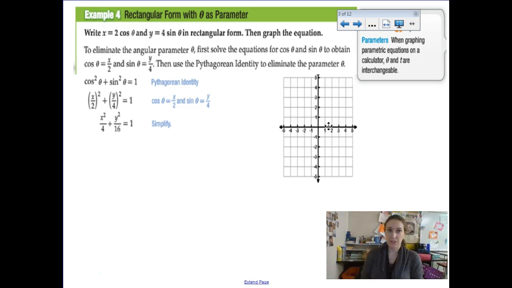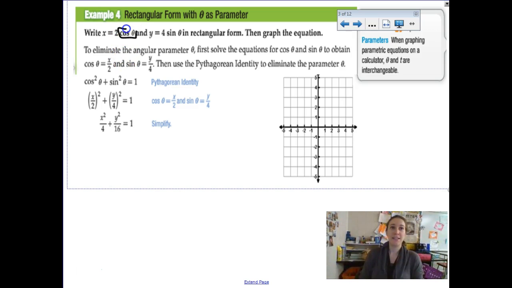What they're going to do is, they're going to rewrite the parametric equations in terms of the Pythagorean identity that we know of.